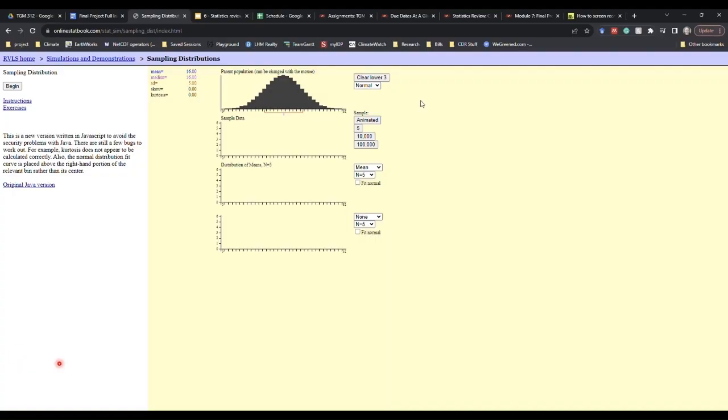So here I have a random sampler. The black curve that you see here is the distribution of a population. It has a specific mean of 16 and a specific standard deviation, here it is 5.